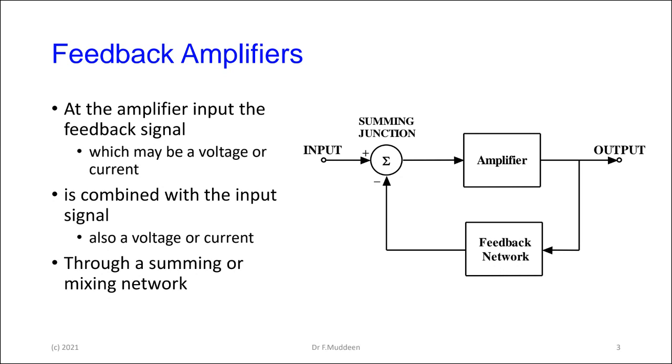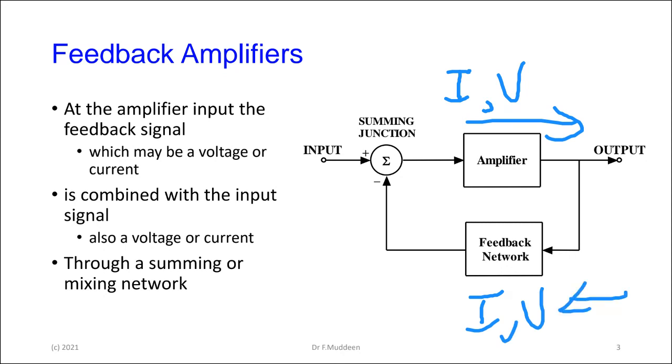Some part of that is fed back, and again we can feed back either current or voltage, and we sum it up through a mixing network. Normally the mixing network may not be that complex; it may sometimes be just a set of passive components. So we have I or V going this way, and we can have I or V coming back that way. That gives us four possibilities to play with.